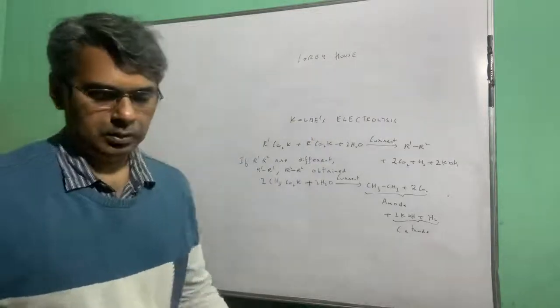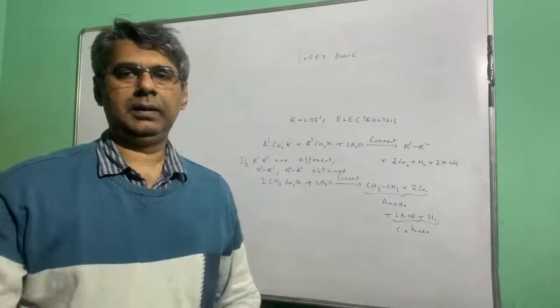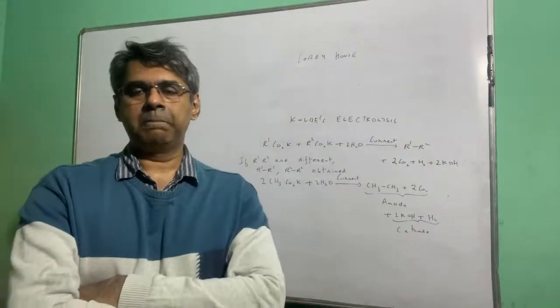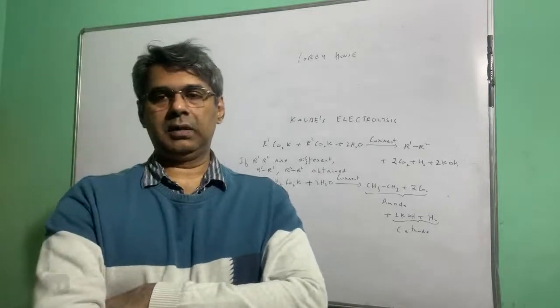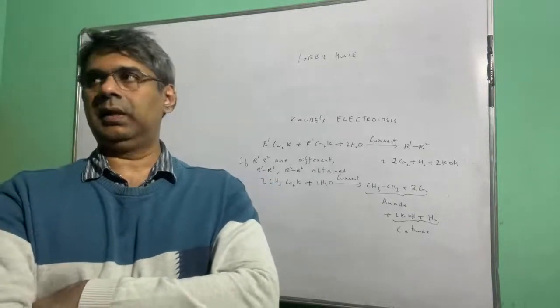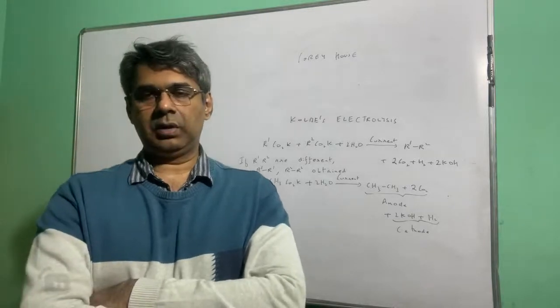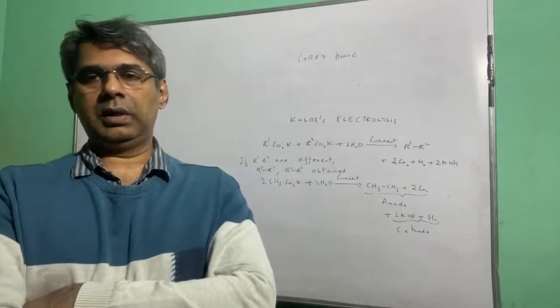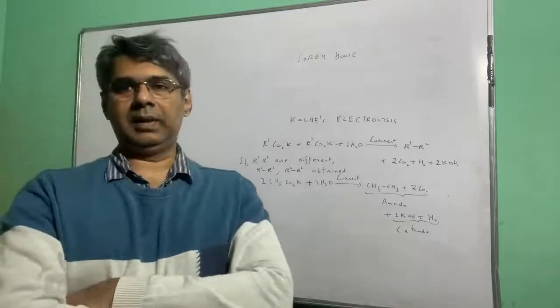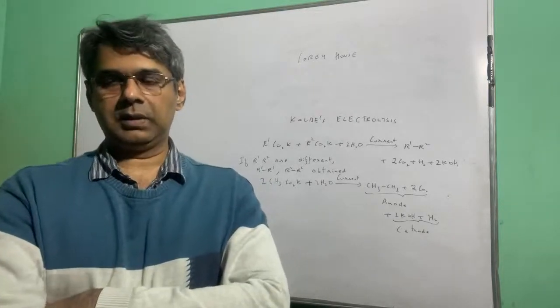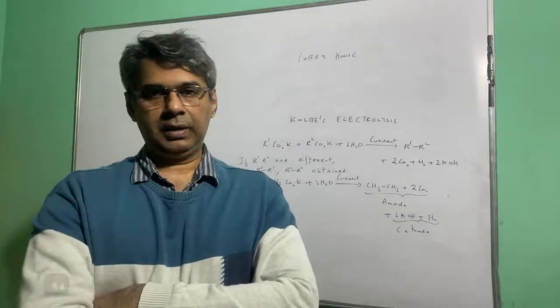Okay, now one thing perhaps is very clear: out of all the methods that we have done, the two methods, Wurtz reaction and Kolbe's electrolysis, are very good if you want a symmetrical alkane with an even number of carbons. So these two seem to be very good.